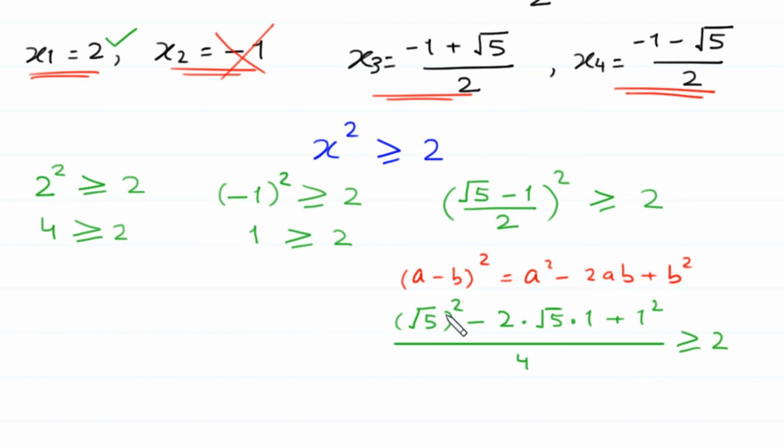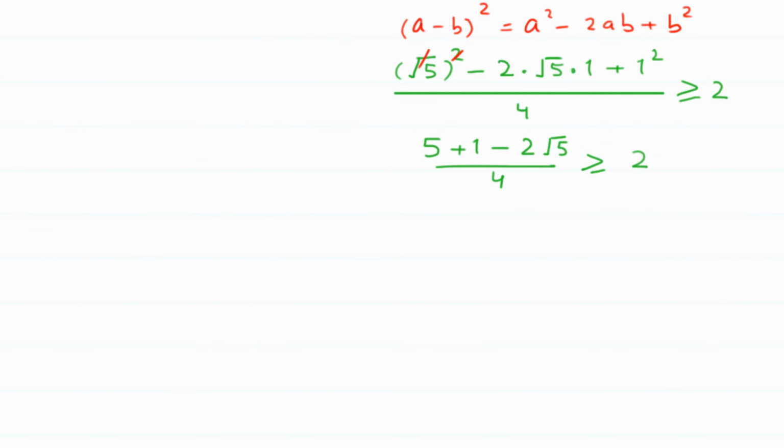In the next step, this square will be cancelled with this square root, and here is left 5, and plus 1 square is equal to plus 1, and this minus comes here: 2 times square root of 5 times 1 is 2 times square root of 5, divided by 4, is greater than or equal to 2. 5 plus 1 is 6 minus 2 times square root of 5 over 4 is greater than or equal to 2.